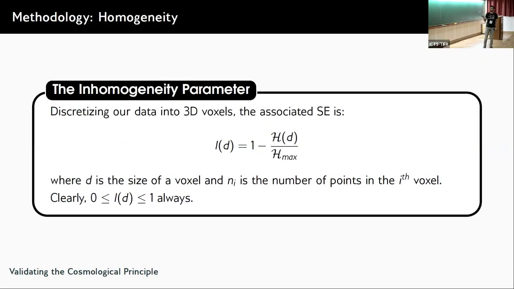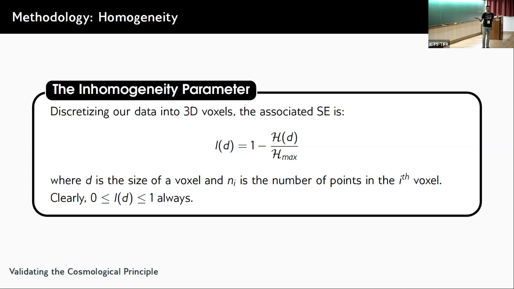Again, this is the form. Before I get to anisotropy, how will we actually do this? We have our data set. We'll divide it into small 3D blocks. And then for each block, we have a specific number of data points in it. So we can get the probability of a data point being in that specific box.